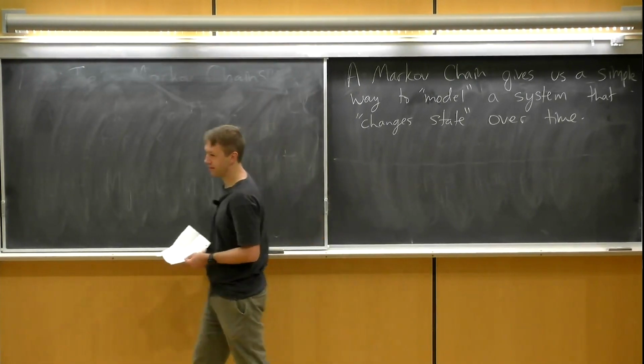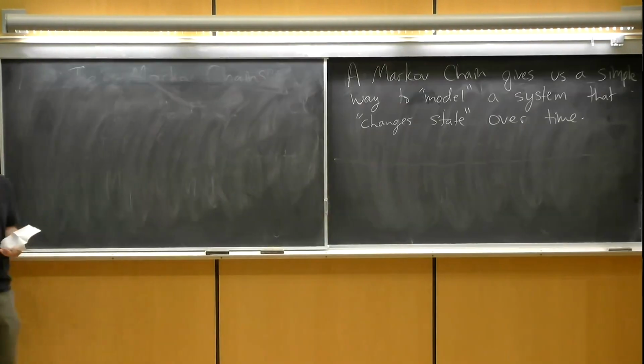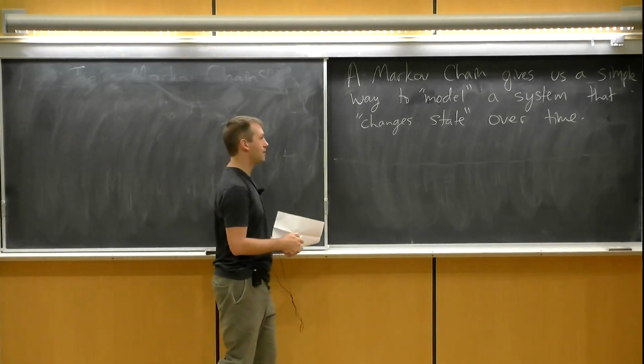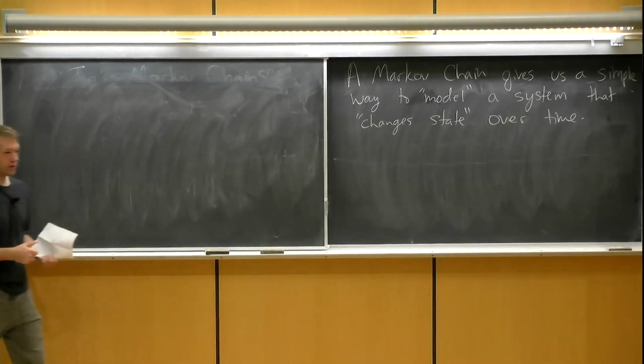So let's think of an example of something you could try to model with a Markov chain. Markov chains are not always a great model for things, but they do give you some useful information. One thing you could model is the weather.